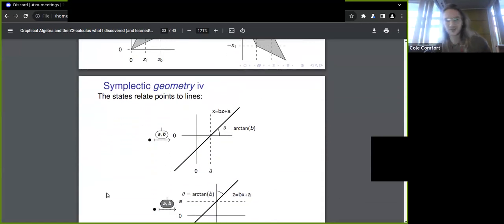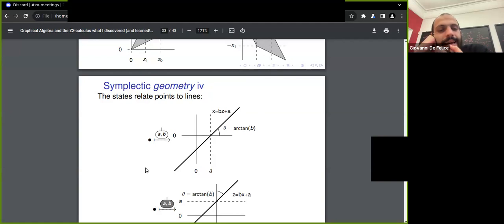If you just do this over the reals, you get some infinitely squeezed continuous variable thing. To talk about non-infinitely squeezed things, you need to do a bit more work, which is what we're working on. This line is infinitely thin, so you need to make it not infinitely thin to have it be a state. Yeah, the physical states.